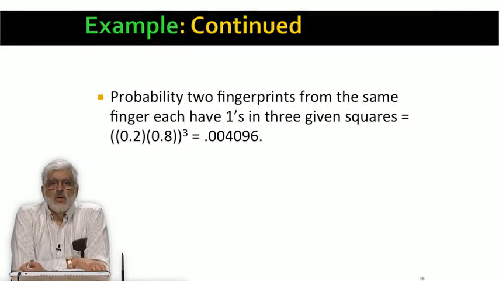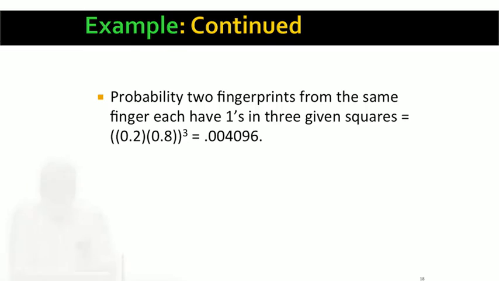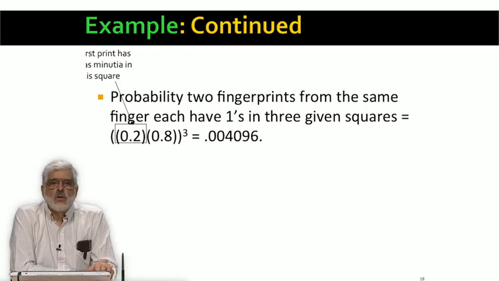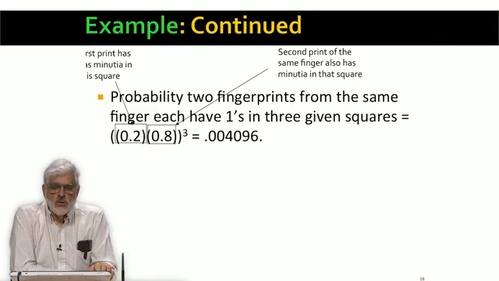Now let's look at two fingerprints that come from the same finger. The probability of both being in a given bucket is much higher. The reason is that there's a lot of correlation between the buckets that will contain these prints. To start, for any given grid square, the probability that the first print has a minutia there is 0.2. And given that it does, the probability that the other does as well is 0.8.